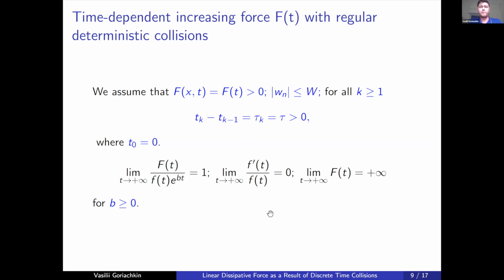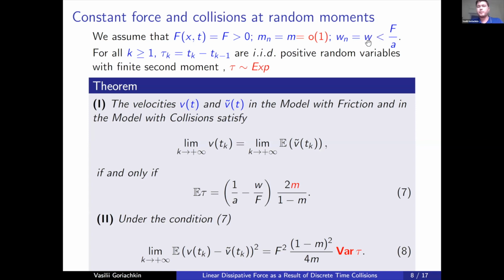For example, according to these properties, capital F could be an exponential of some function which is linearly dependent on t. Previously w was bounded by this constant.